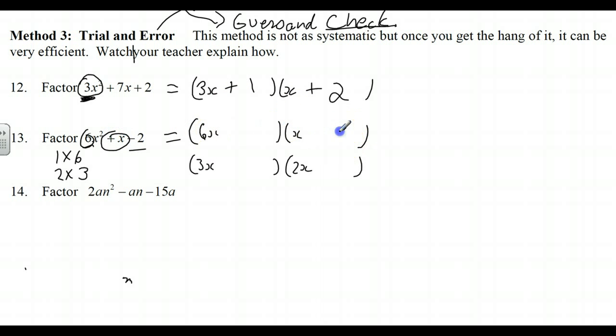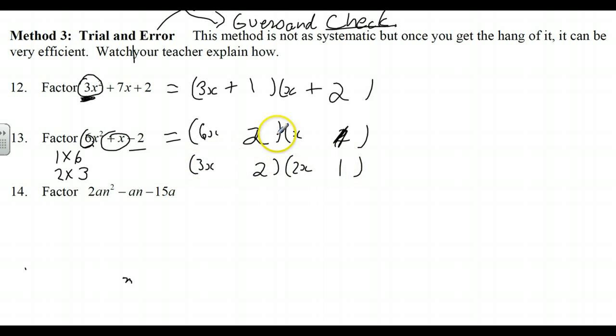If I put the 2 here and the 1 here, I'm going to get 6 and 2. And there's no way to get a 1 out of that. So I am going to put the 2 here and the 1 here. That will give me 6x squared, 3x, and then 4x. So I want it to be plus 4x minus 3x.